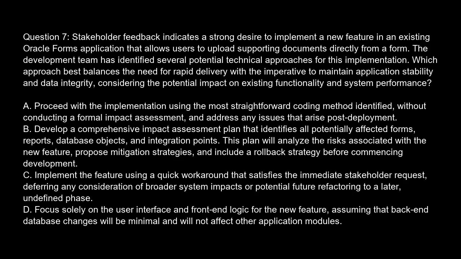Option C. Implement the feature using a quick workaround that satisfies the immediate stakeholder request, deferring any consideration of broader system impacts or potential future refactoring to a later, undefined phase. Option D. Focus solely on the user interface and front-end logic for the new feature, assuming that back-end database changes will be minimal and will not affect other application modules.